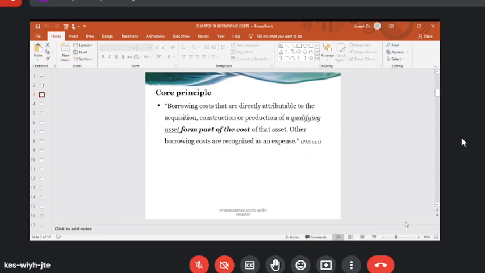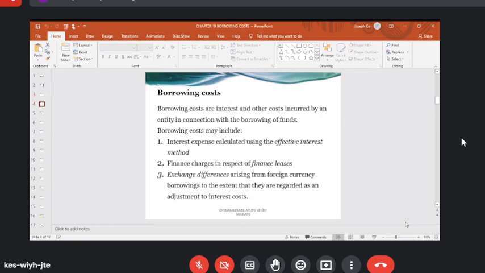Okay, these are the core principles. Borrowing costs that are directly attributable to the acquisition, construction, or production of a qualifying asset form part of the cost of the asset. Otherwise, the borrowing cost is an expense.